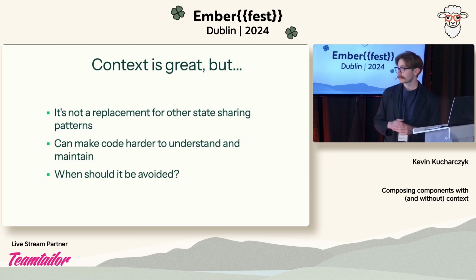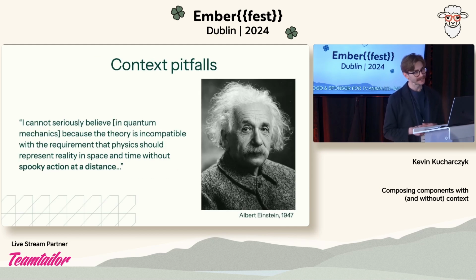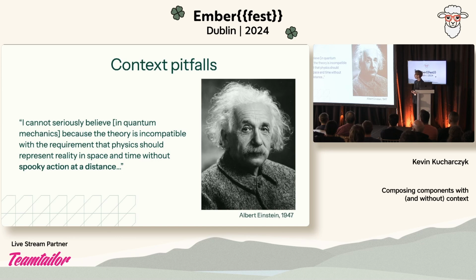So overusing it can lead to some problems, like the spooky action at a distance issue that Preston mentioned in the previous talk. In 1947, actually, Albert Einstein wrote a letter to Max Born, another physicist, where he expressed concern about quantum mechanics. He wasn't quite sure if he believed it was real.